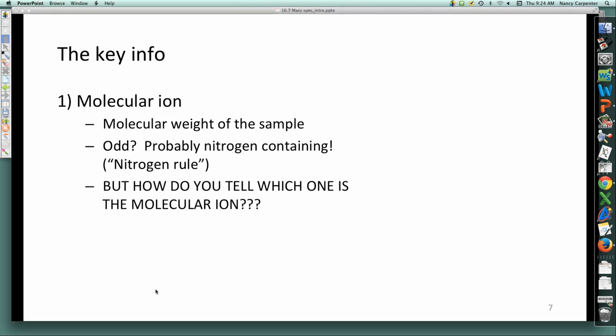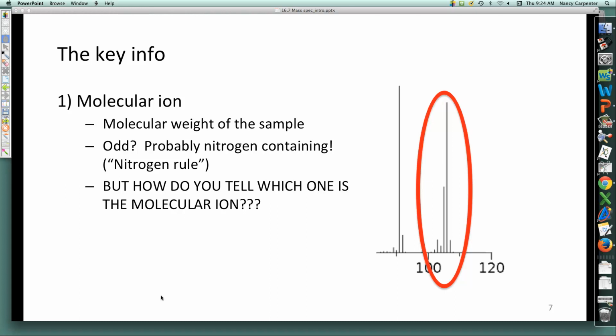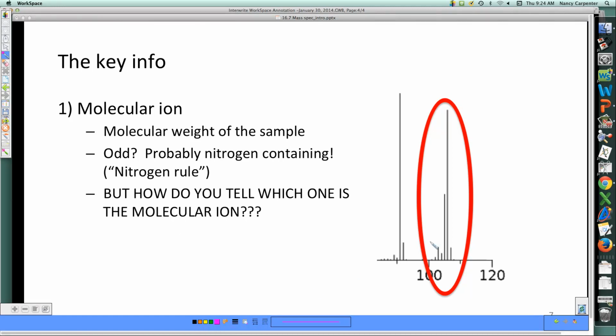But, like I said, it's not always really obvious which one's the molecular ion. So here's a piece of that molecular mass spectrum. And what you look at is, of course, the cluster of peaks at the highest molecular weight. Because anything to the left is a fragment ion, something that's fallen apart from your initial sample. Well, there's a lot of little signals there. There's even a little teeny guy right there. Which one's the molecular ion?